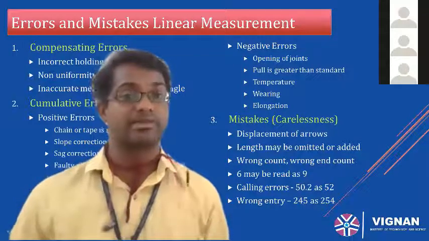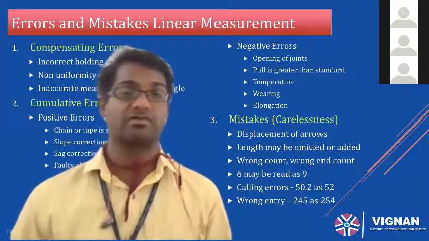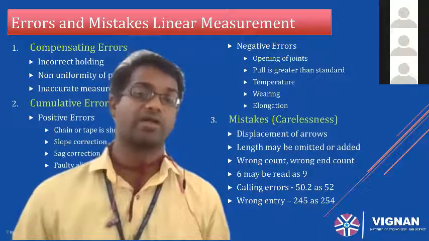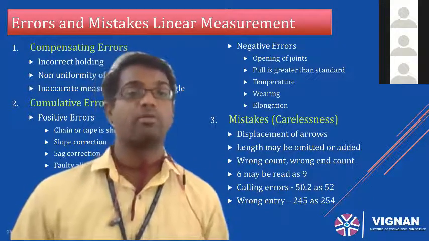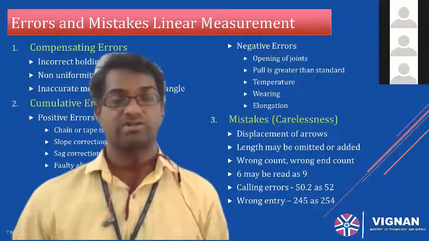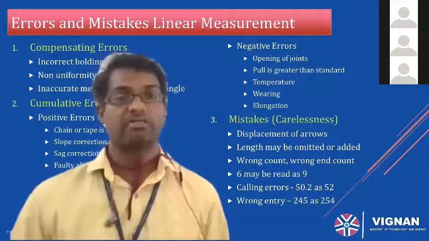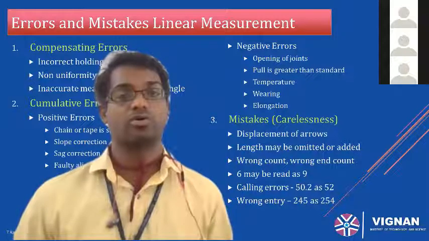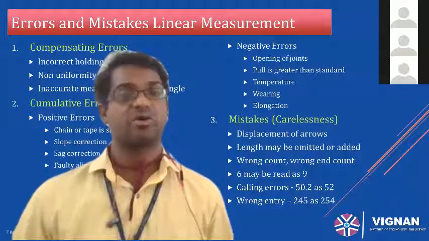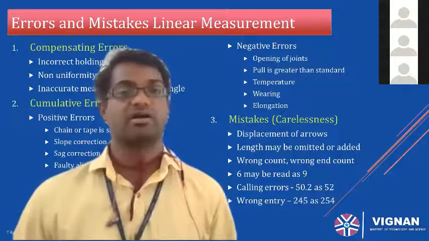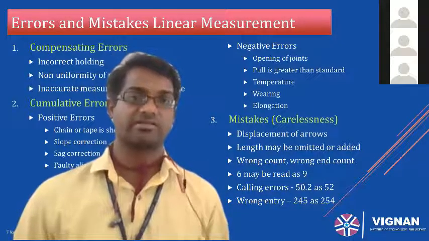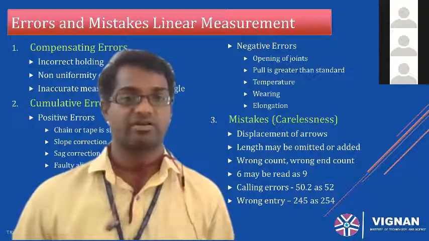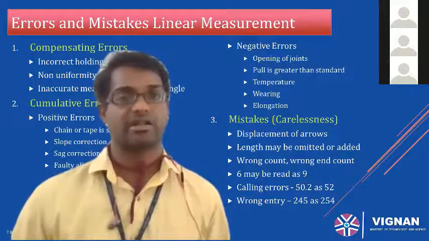When you are turning the pages, there may be a problem in writing 245 as 254. These kinds of common mistakes will be committed, so they should be completely avoided. That is why, in order to rectify these mistakes, it is justified to have two people noting down the survey readings, right? Even if one commits a mistake, the other one can correct it.